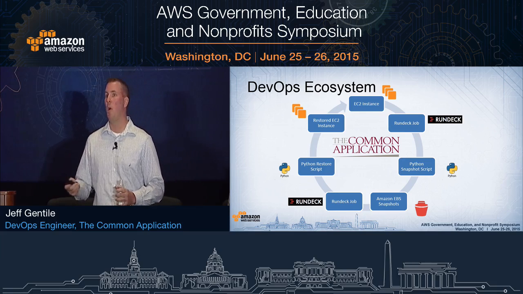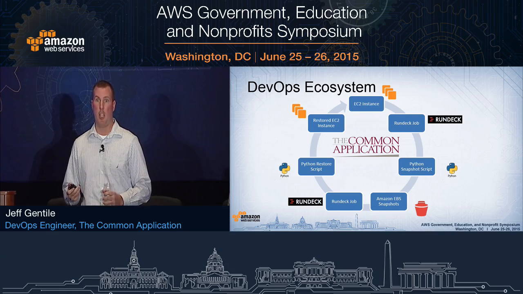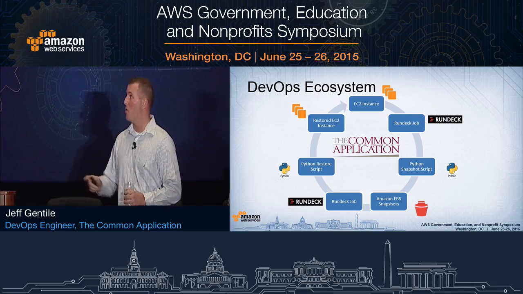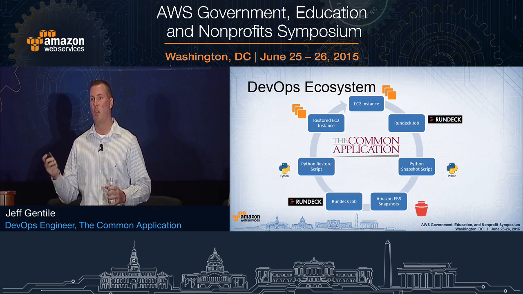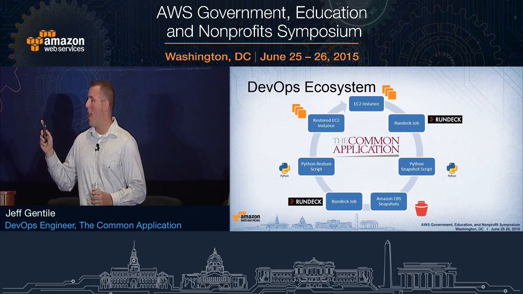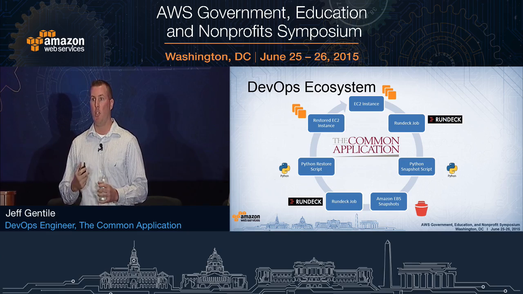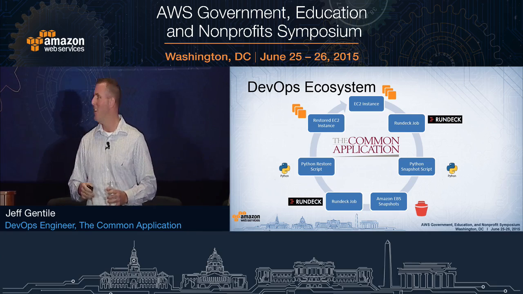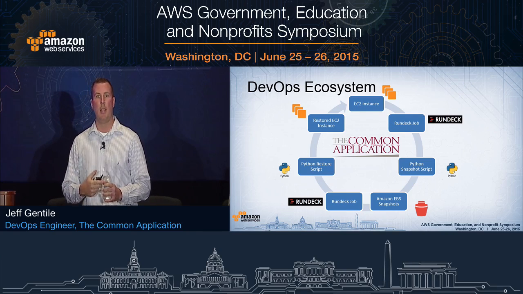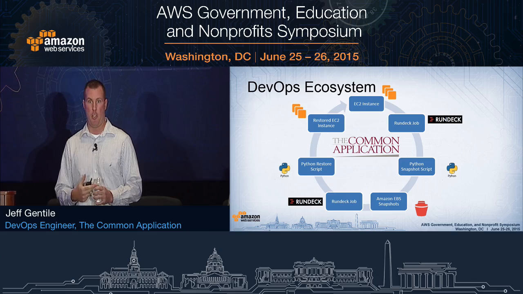So here is what the ecosystem and life cycle looks like for us. Starting at the very top, we have our FTP site running as normal. Down below, that Rundeck job, does anybody use Rundeck or have heard of Rundeck before? Show of hands. So one, just a few. Hey, my guy's back there. So Rundeck is an open source job scheduler.